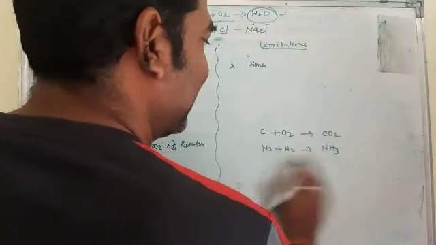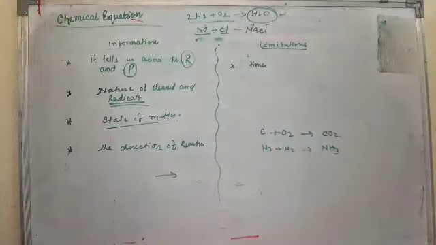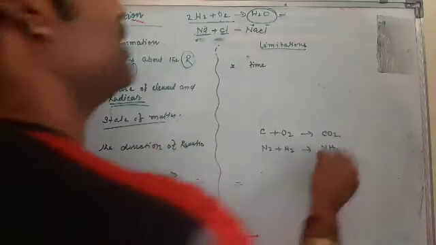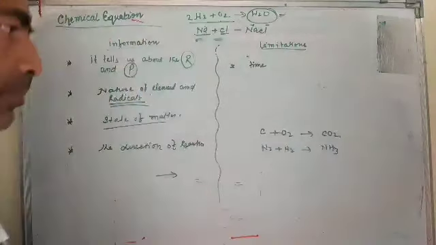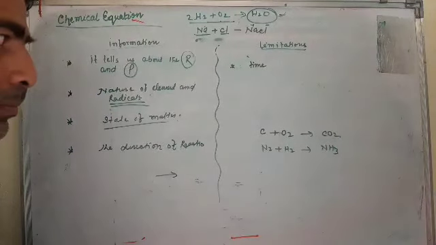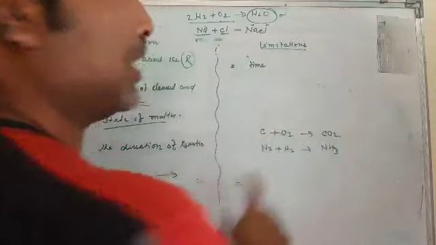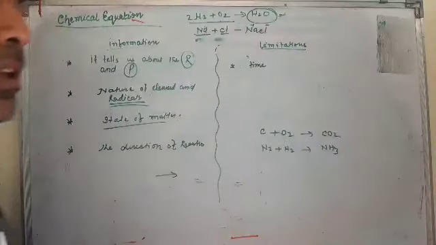I use some skeleton equation, that means not balanced. So here you do not write after 30 minutes this ammonia NH3 is formed. After 45 minutes carbon and oxygen react and carbon dioxide is formed. The timing is not given there.